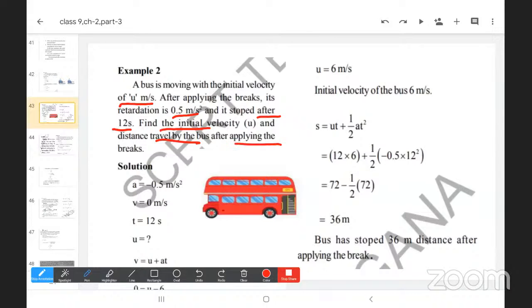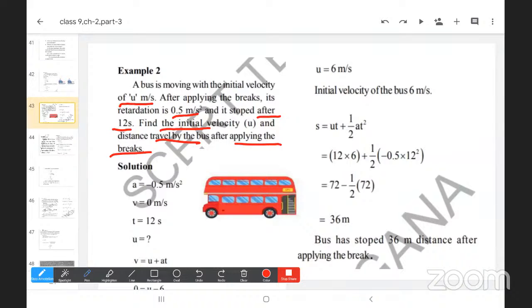So we need to find the initial velocity, and also the distance traveled by the bus after applying the brakes. Here given the retardation of the bus, a equals 0.5 meters per second square, and time given is 12 seconds.